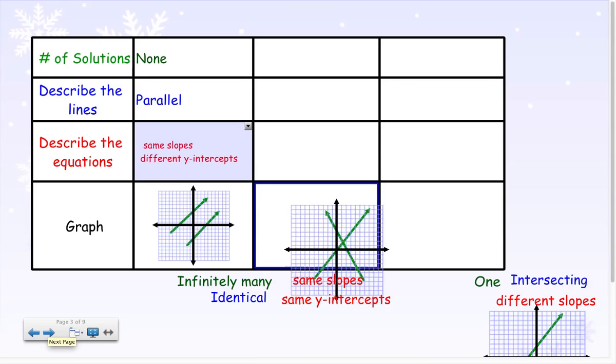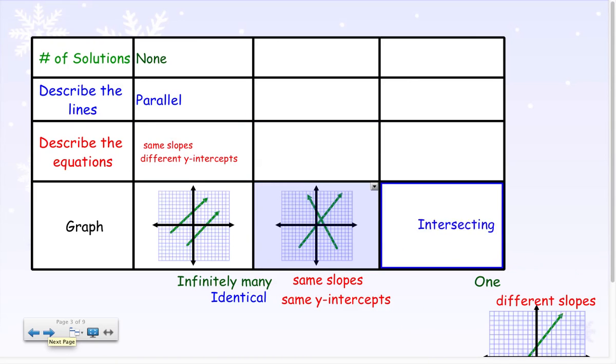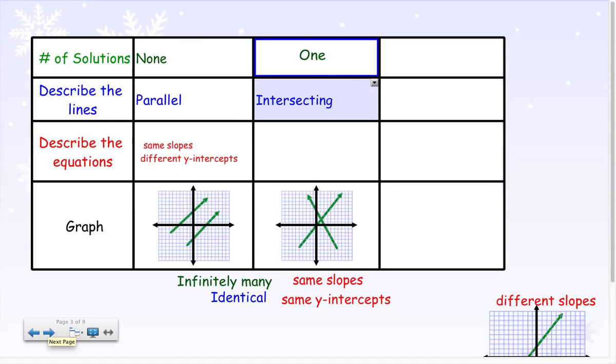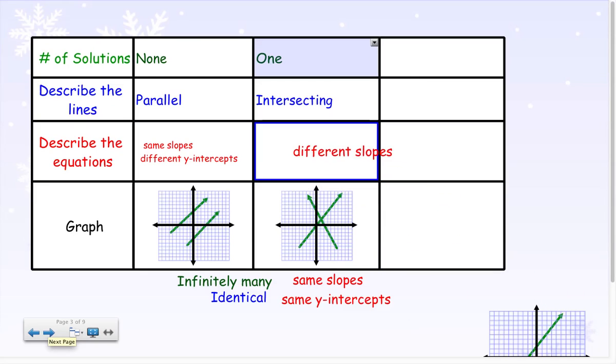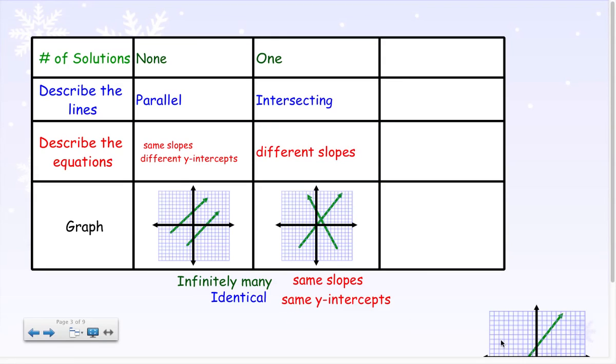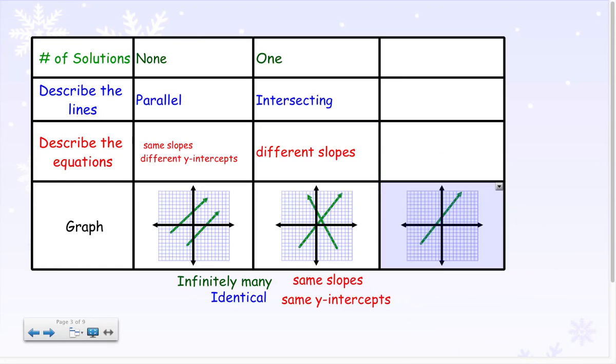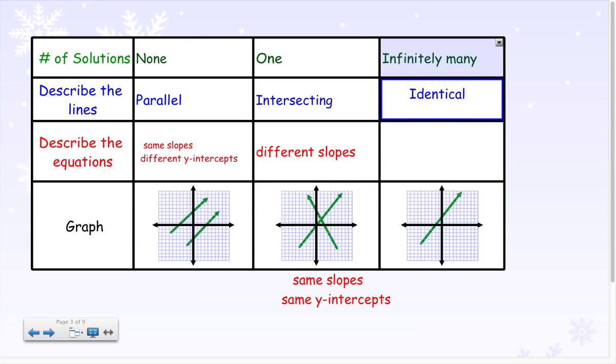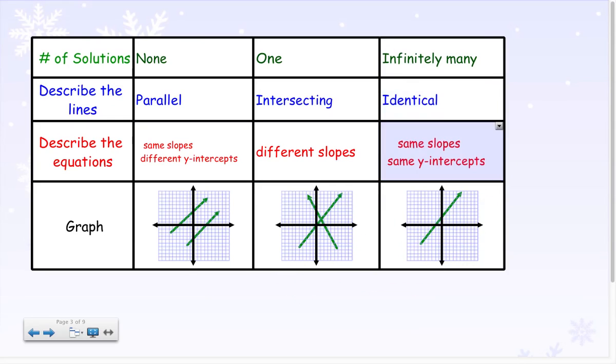If two lines are intersecting, there is one solution, and they have different slopes. And if two lines are identical, there are infinitely many solutions. And since they're the exact same line, they have the same slope and the same y-intercept.